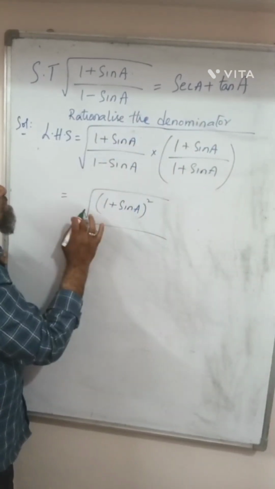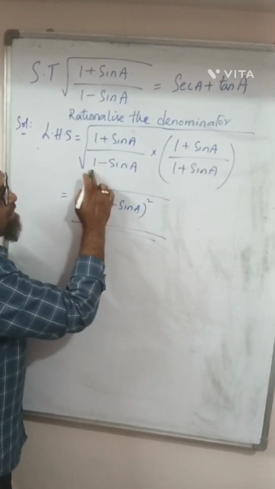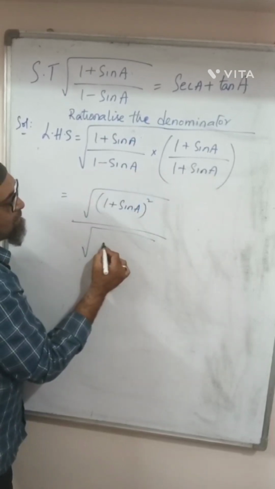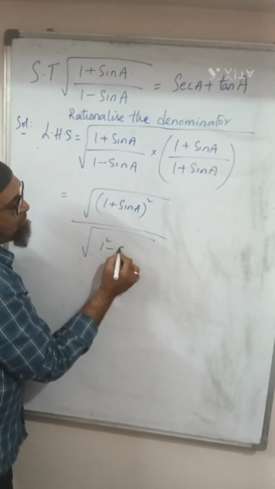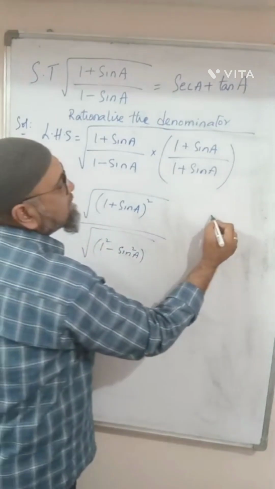We can change it to under root 1 plus sin A whole square, and under root. A minus B into A plus B is A square minus B square. We are using this formula.